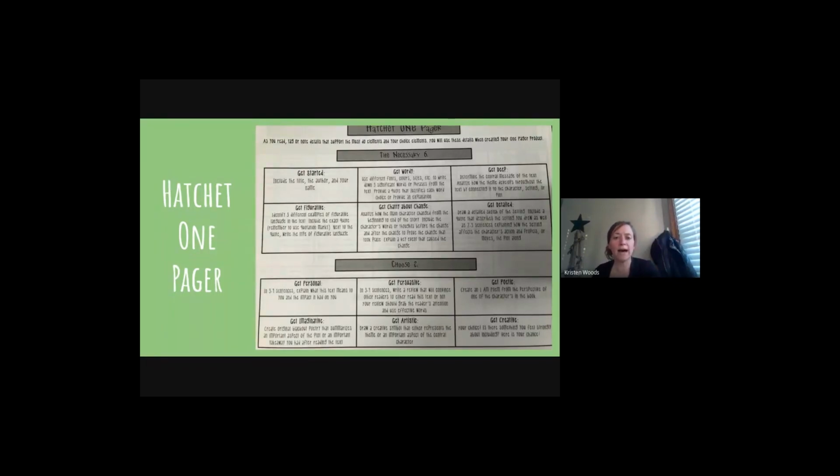But from the other 5, they got to pick 3 others. So instead of the necessary 6, we reworded it as the necessary 4. Figurative language, significant words and phrases, central message, setting, quotes, change in character. Those were some of the key skills that we were focusing on. So they picked 3 of those big skills to focus on in addition to their get started section.